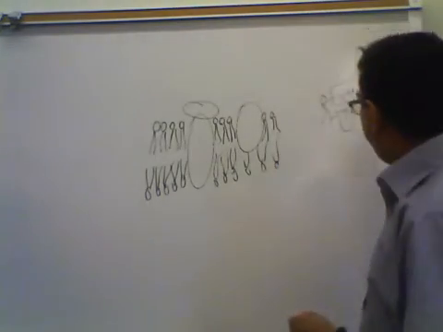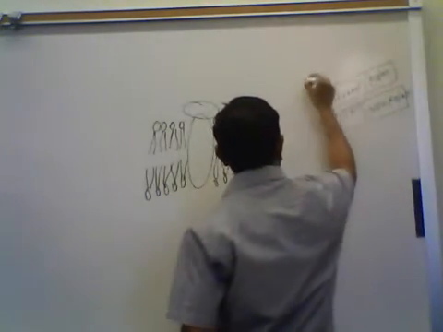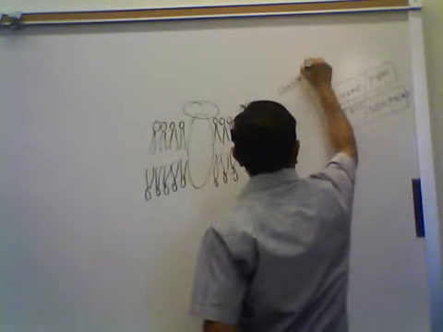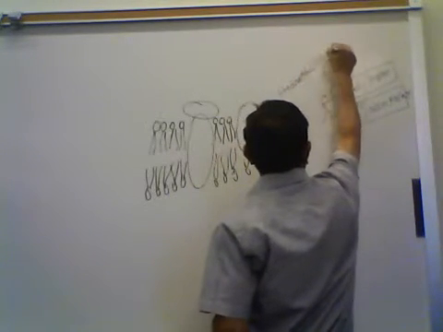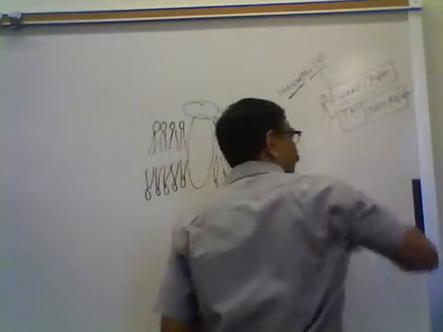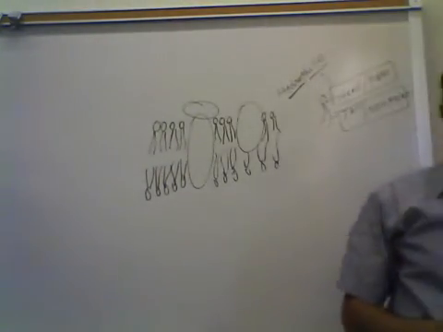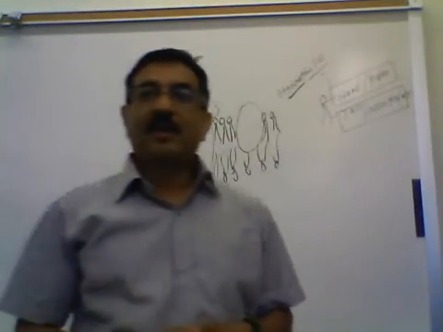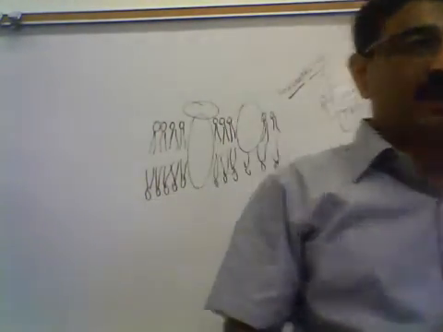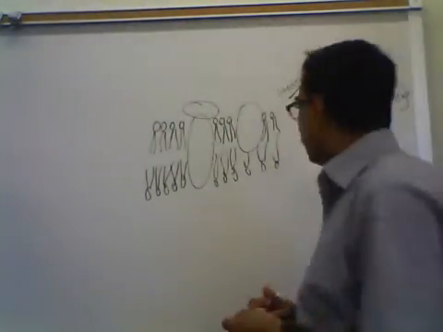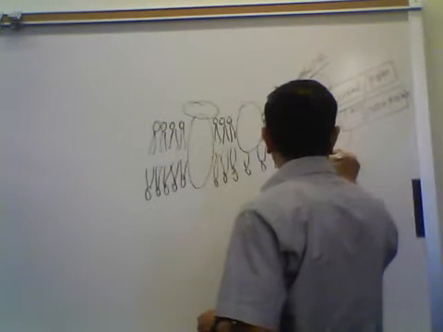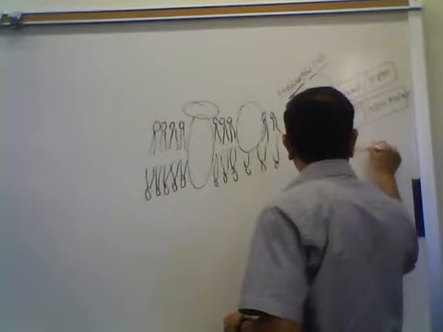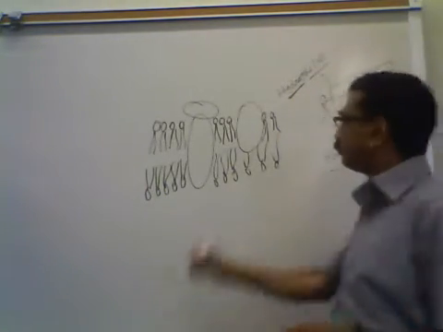That's why head part is also called hydrophilic. Hydro means water and philia means attraction or liking. Hydrophilic. Tail part is hydrophobic, dislikes water. So this part, hydro means water, hydrophobic part.